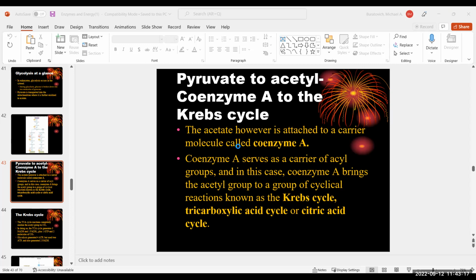So what goes in? 1 acetyl coenzyme A. What comes out? 2 CO2s, which makes sense. You have 2 carbons in the acetate, so they come out as 2 CO2s, 3 NADHs, 1 FADH2, and 1 GTP.